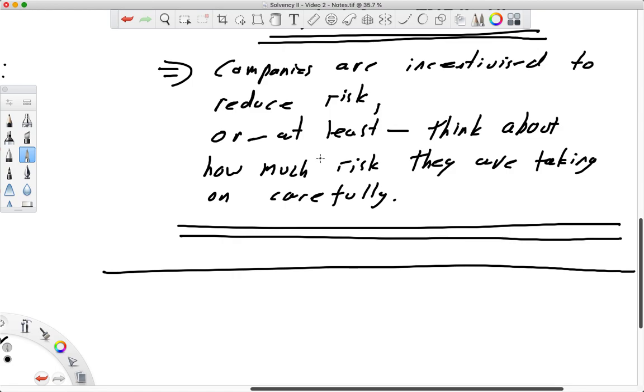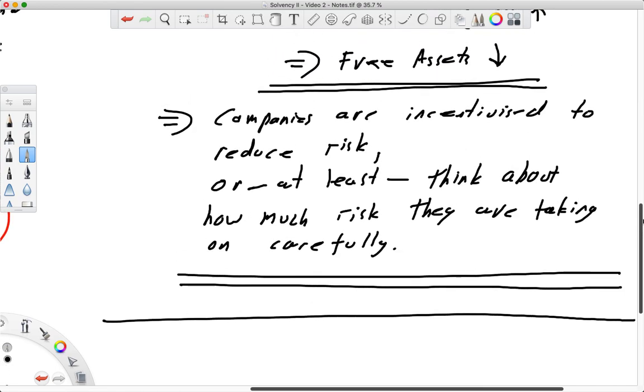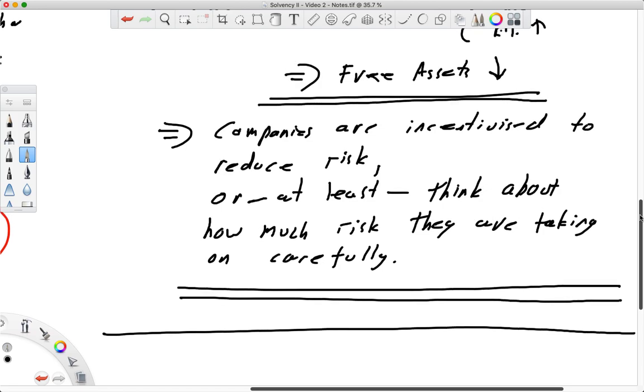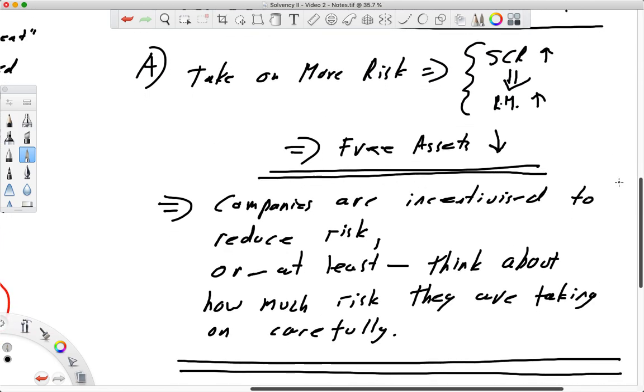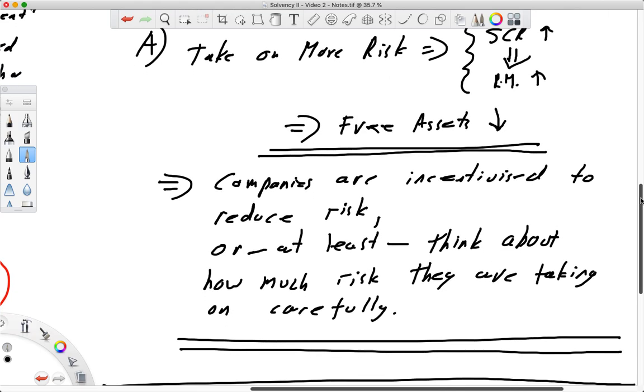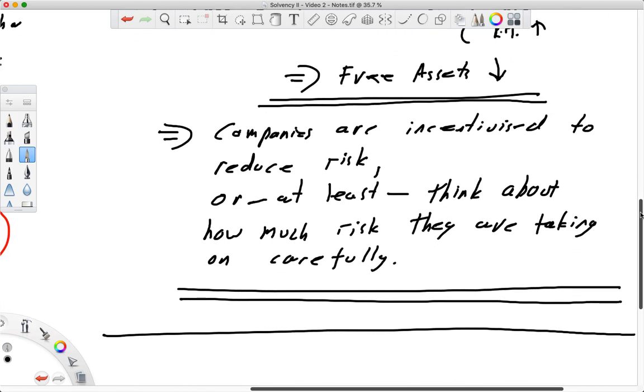So you would kind of think that any reserving regime would do this, but actually the old style one didn't do this so much, whereas the new style one definitely does. If you take on more risk, you have less free assets. If you take on less risk, you have more free assets. And companies want to be financially strong. They want to have more free assets.